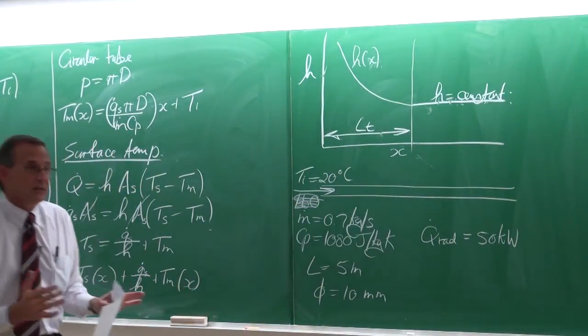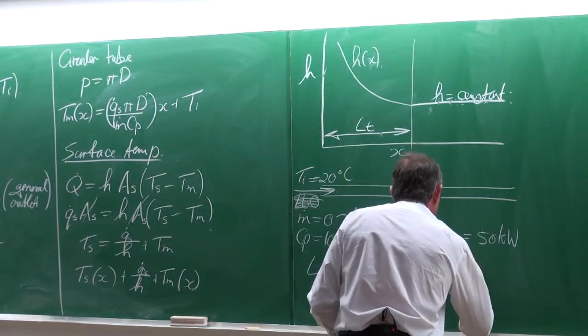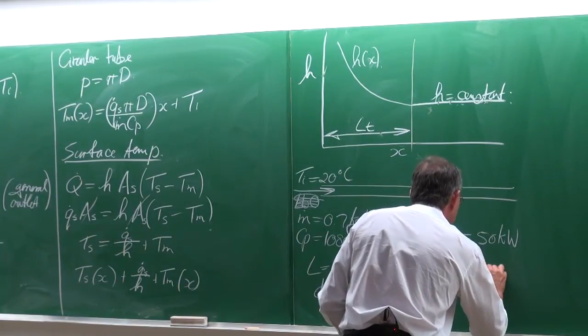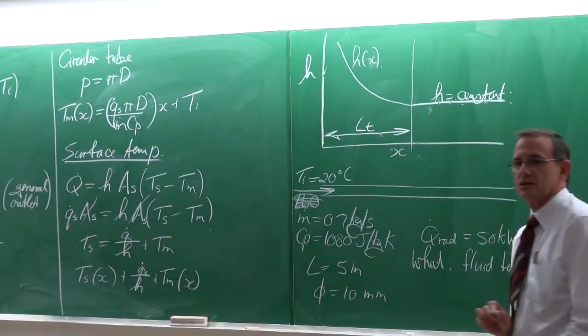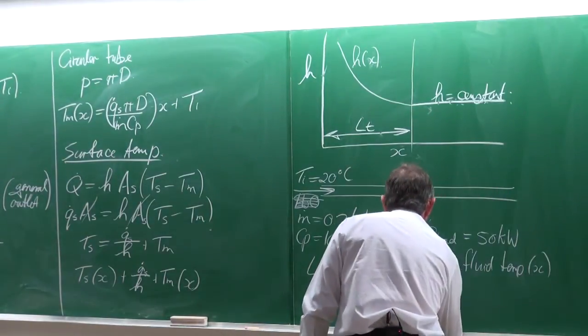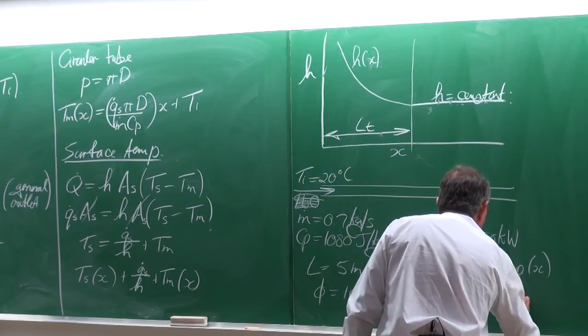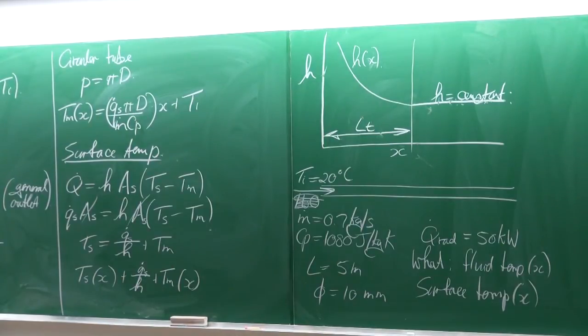And the question is, what is the fluid temperature as a function of x, and what is the surface temperature as a function of x? That is what we need to determine.